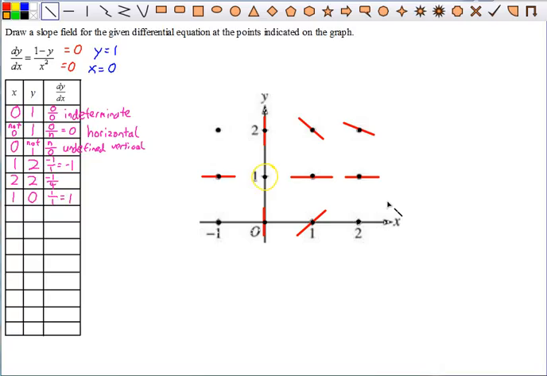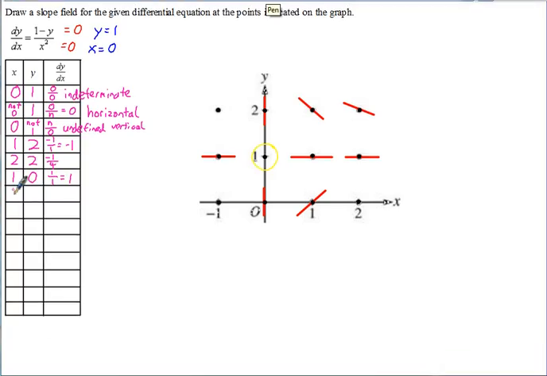And now let's look at (2, 0). So at (2, 0), y is 0, you're going to get 1 in the numerator. If x is 2, 2 squared gives you 4 in the denominator, so 1/4. So up 1 over 4. So not very steep.